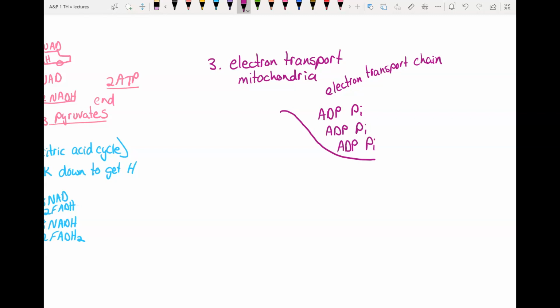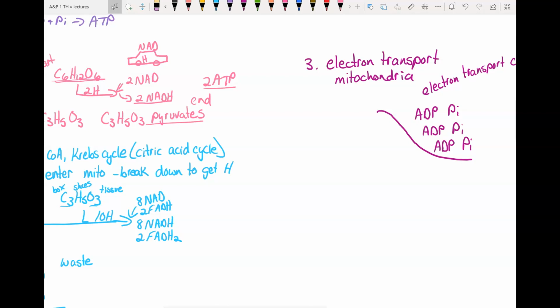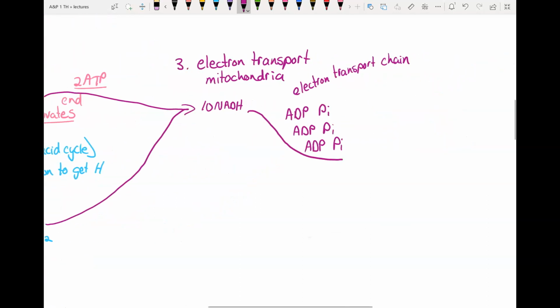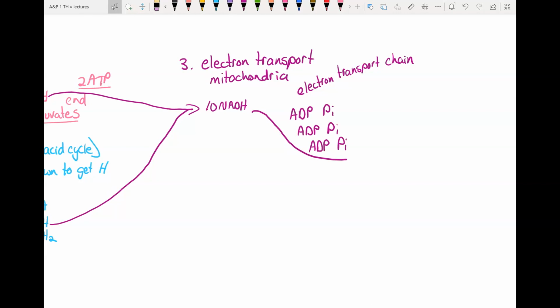This is where the carriers take the hydrogen. So we have our 2 NADH here, plus 8 NADH here. That gives us 10 NADH. That comes up here to the very top of the electron transport chain, and it drops off the hydrogen.